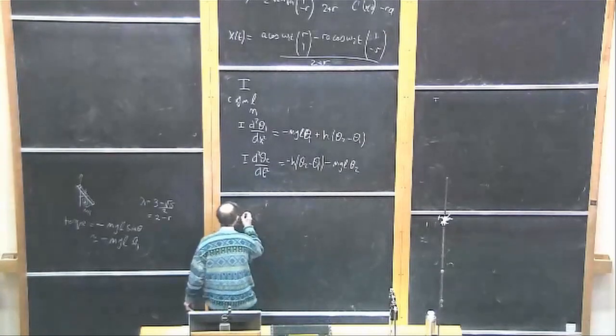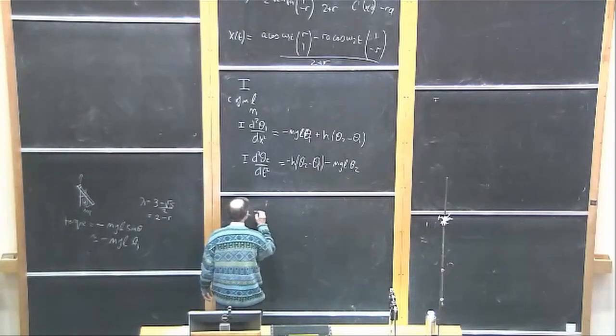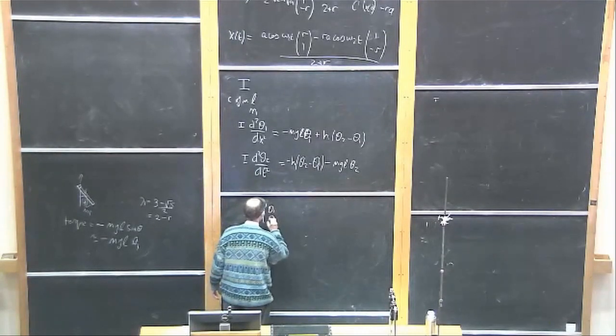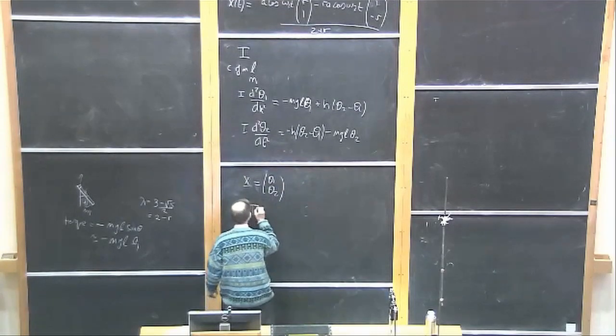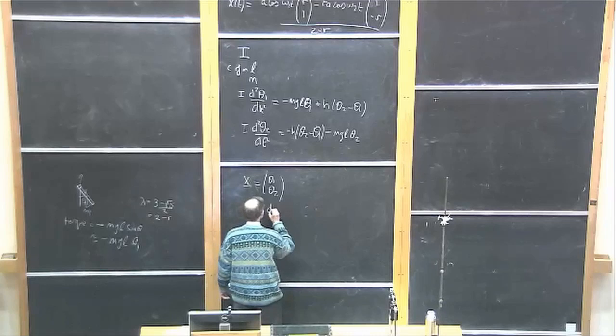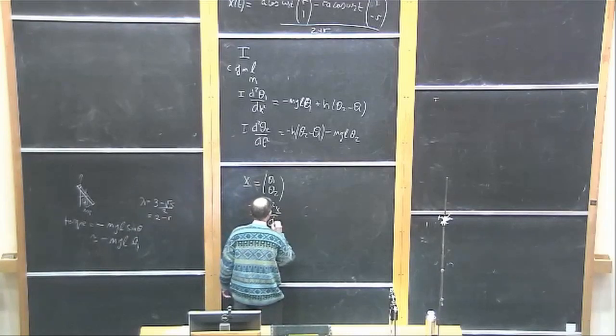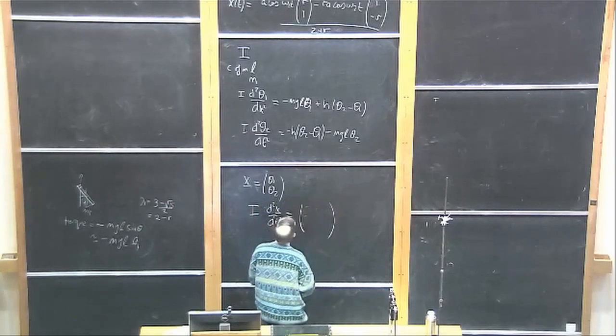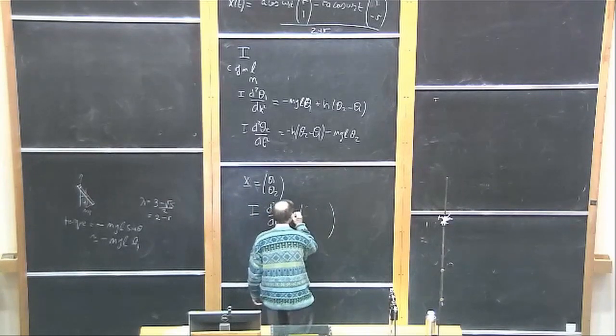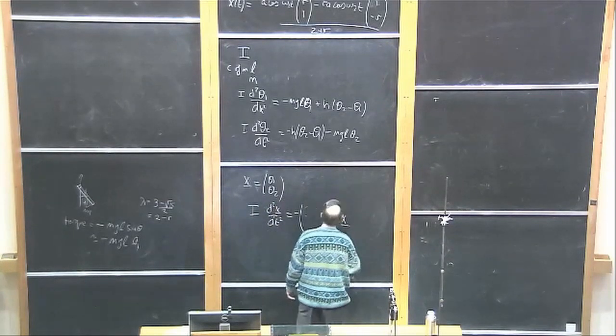So what do we get? My vector x is now theta 1, theta 2, and my equation of motion is I d2 x by dt squared is, and this time the matrix K, we put a minus there and we put an x there.